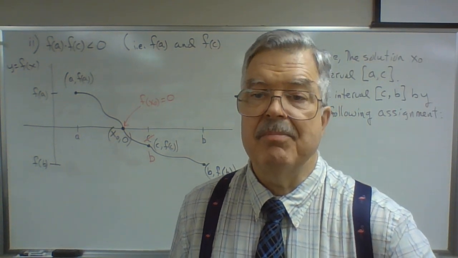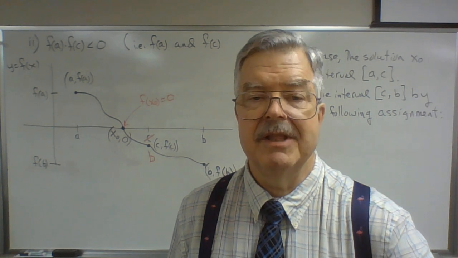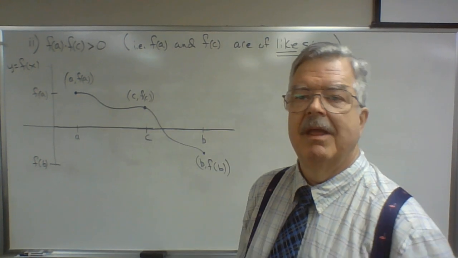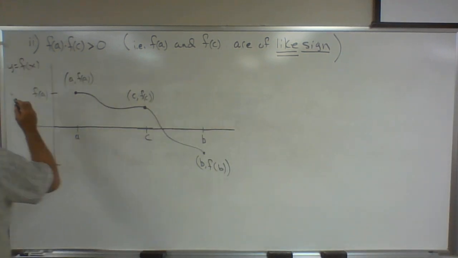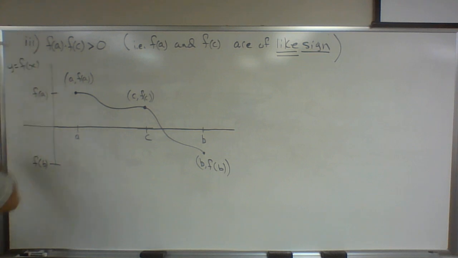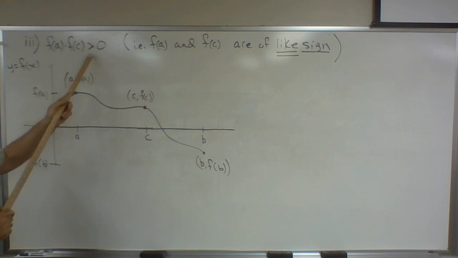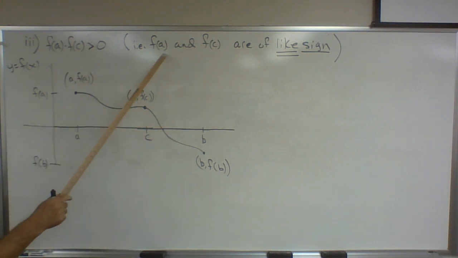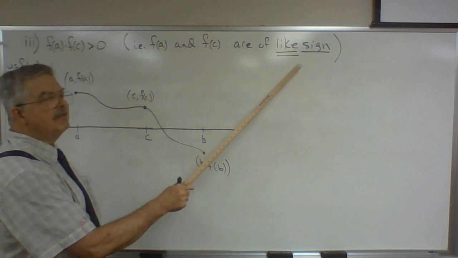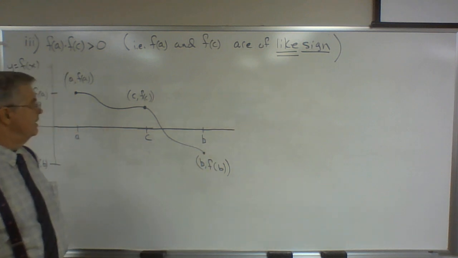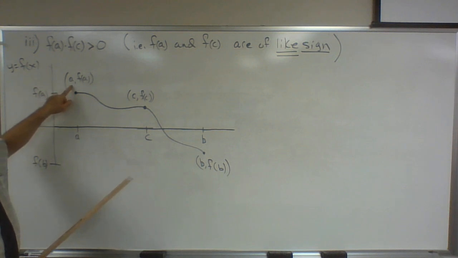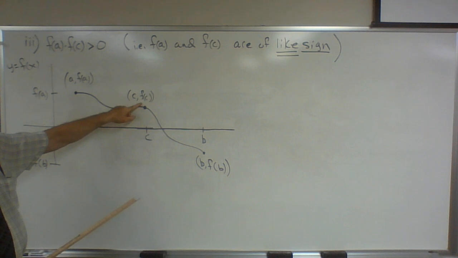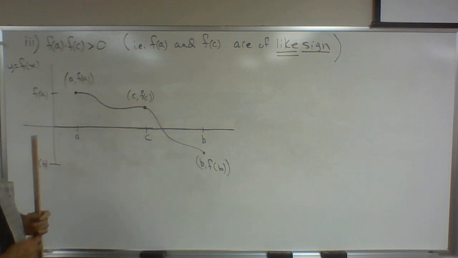Now, there is a third possibility that we have to consider, so let's look at that. Here's the third possibility. F of A times F of C is positive. And that means that F of A and F of C are of like sign. So if F of A is above the x-axis, as we're assuming, F of C has to be above the x-axis also.